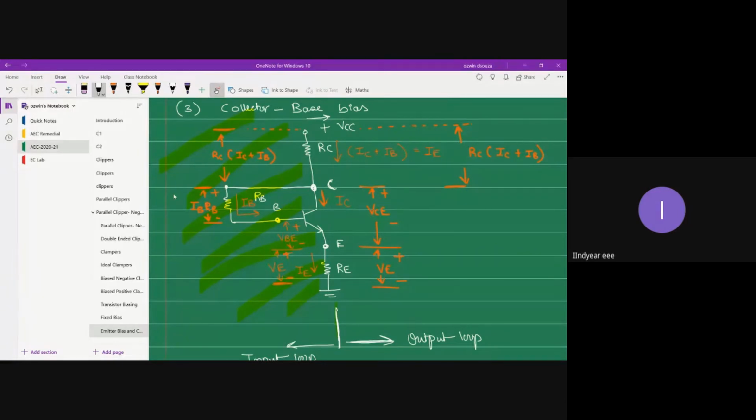Now you apply KVL for the input side as well as the output side, using a very interesting technique. Can anyone tell me what is the potential measured from this node to this node?